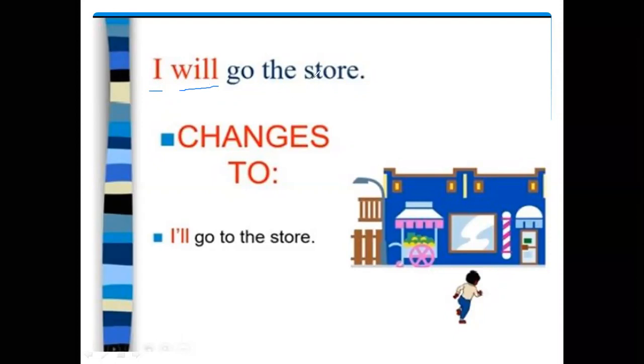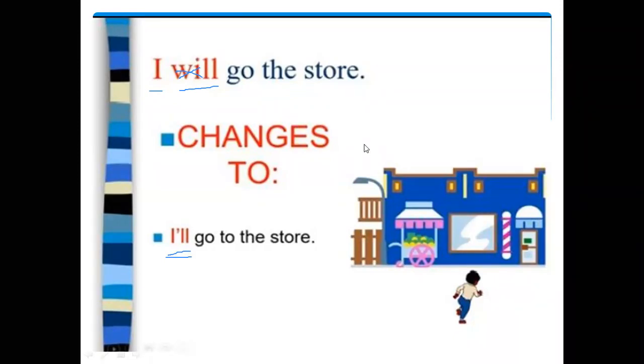Here it changes to I'll. I combine I and will to be just one word. I'll go to the store. So in will, I remove the letters W and I to make a short word.